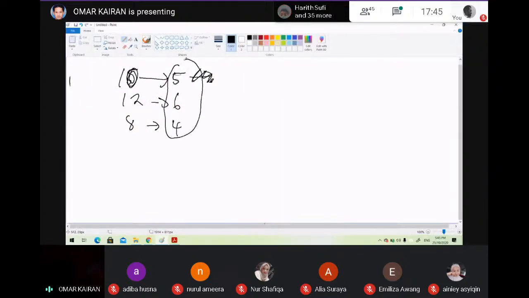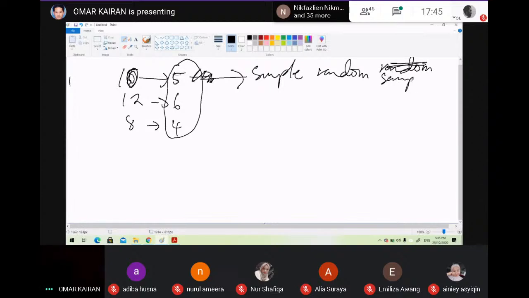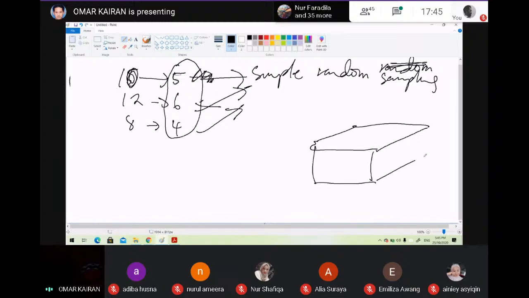So how to choose this? Kita menggunakan simple random sampling. Maksudnya dalam stratified ada simple random sampling. So kita pilih menggunakan simple random sampling. Daripada 10 tu, ni kotak BM119.